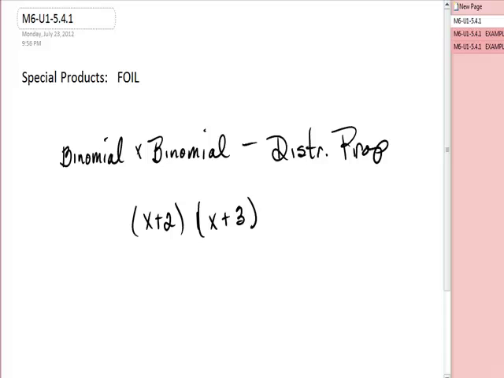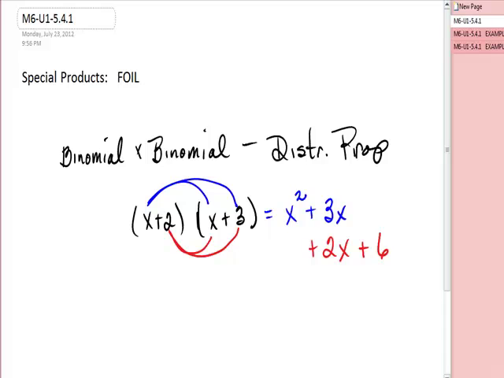You could distribute the x times x is x squared, x times 3 is 3x, then distribute the positive 2 times x is positive 2x, 2 times 3 is positive 6. You did have some like terms. You could get x squared plus 5x plus 6. So you can multiply binomial times binomial using the distributive property. You do it one term at a time, and that's why I said distributive property usually involves just a monomial.